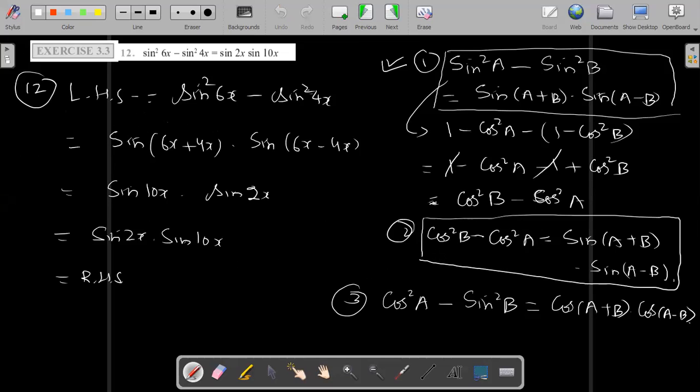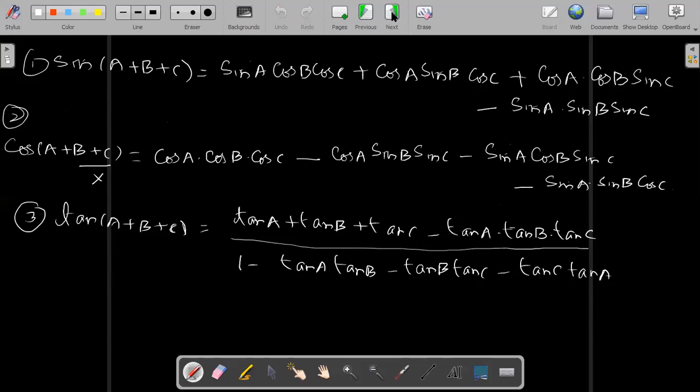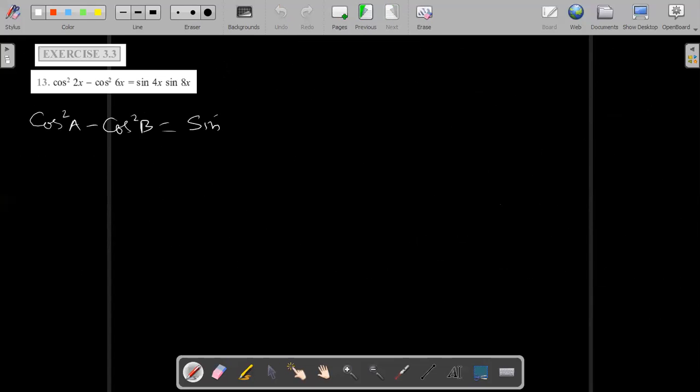So B will come here and A will come here. So we should use cos²B minus cos²A, where A will be greater. So sin(A+B) and sin(A−B).